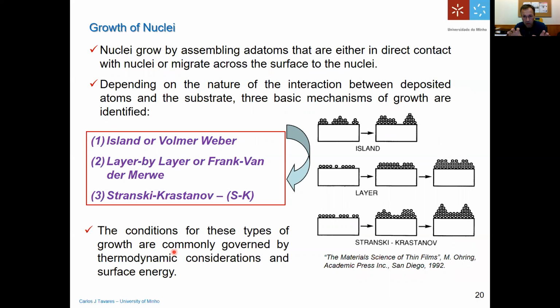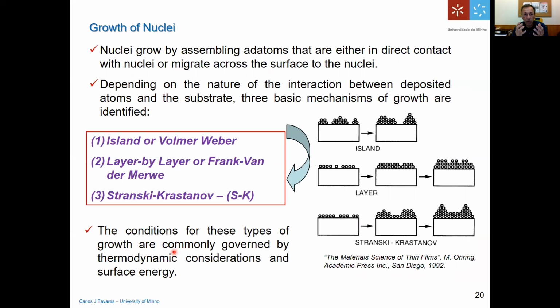Okay, so we are now on a very slow process, and right now we are in a case where we already have atoms running around the surface. And these atoms can be very, very demanding on what type of substrate they want to grow on. Okay, it depends on the material.